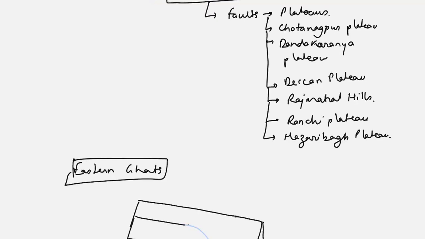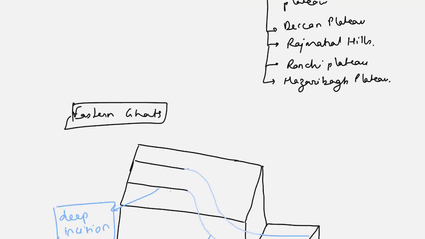If we look at the formation of the Eastern Ghats, they were formed around 200 million years ago. Okay. In India, the first mountains which were formed were the Aravalis, almost 250 million years ago. Okay. This is a fold mountain.